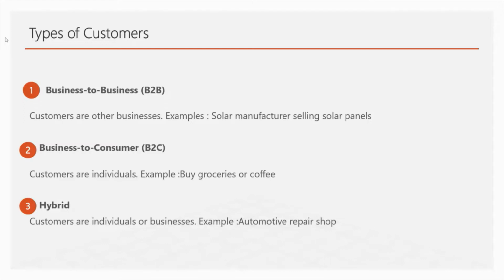Suppose there is an automotive repair shop. This repair shop buys repair items or instruments from the manufacturer, or the sellers, and also provides services. This is called a hybrid model.